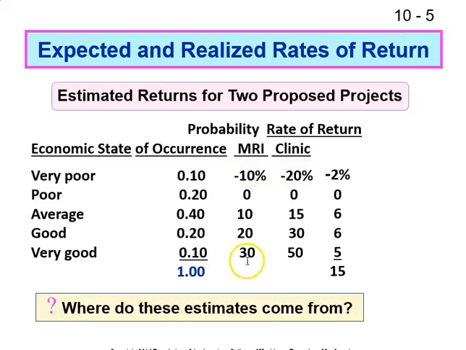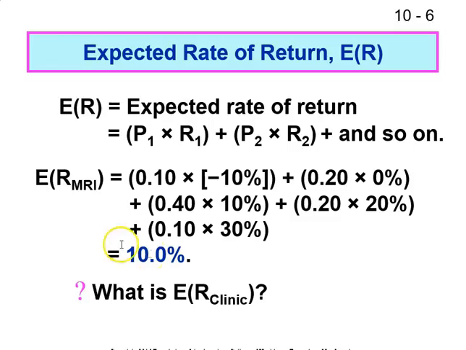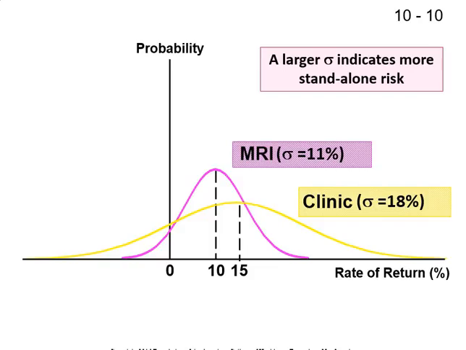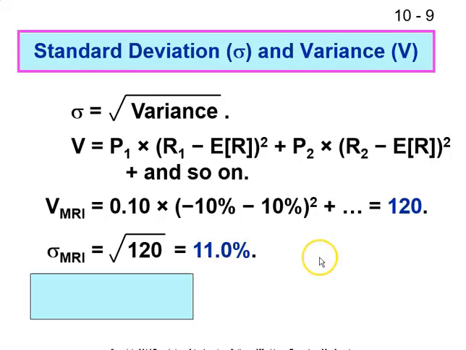We did calculate that the expected rate of return for this project was 10%. Remember, when we did all our calculations for the MRI project. So just going back to that, remember that was 10% for that one right there.